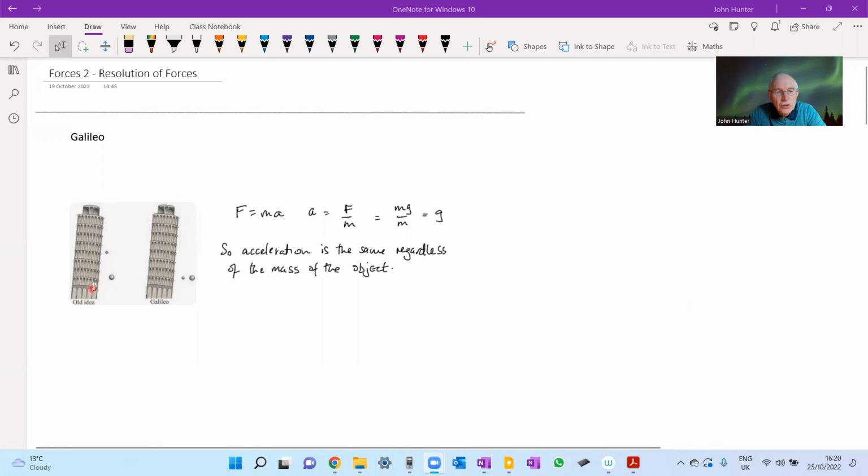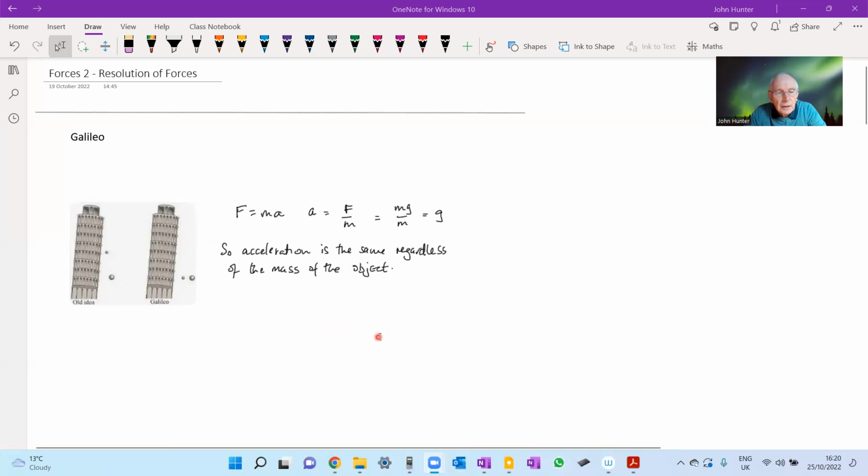Because I think everybody had assumed that with a heavy ball and a light ball, these being metal balls with very little air resistance, obviously the heavy one is going to fall to Earth faster. But Galileo proved that that wasn't the case by actually doing it. And as we can see on this right-hand diagram, the Galileo experiment, they're both falling together.